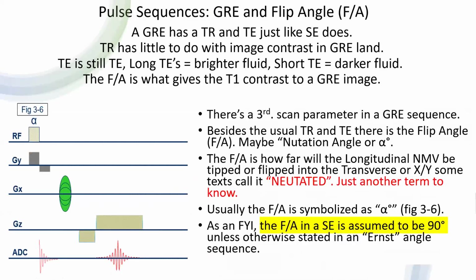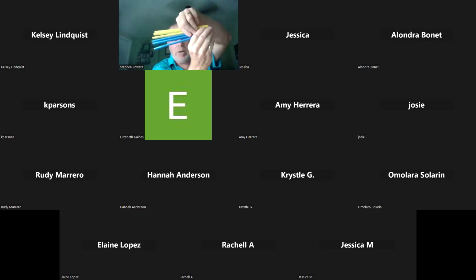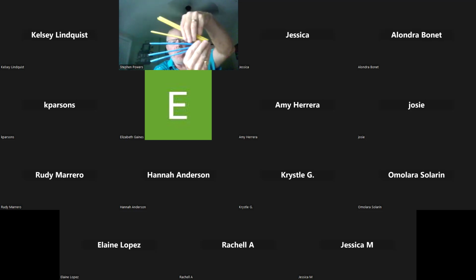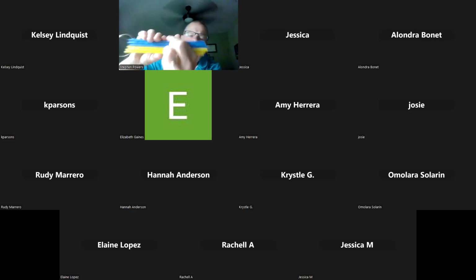And without the presence of a 180 at TE, you're going to see the effects of the big three. So in spin echo land, we have the 180. It puts everything together at TE, okay? In spin echo land, when you're going to knock them down, you let them dephase, spin echo puts them over and puts them all together.